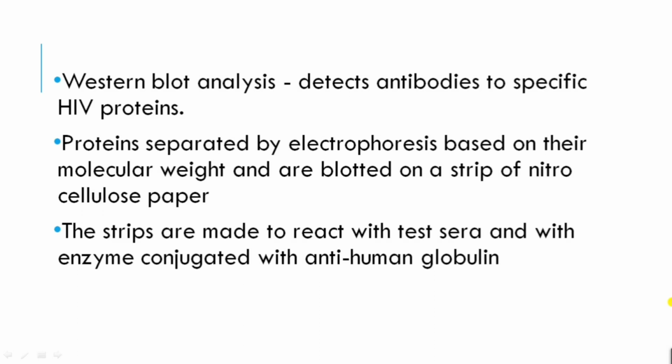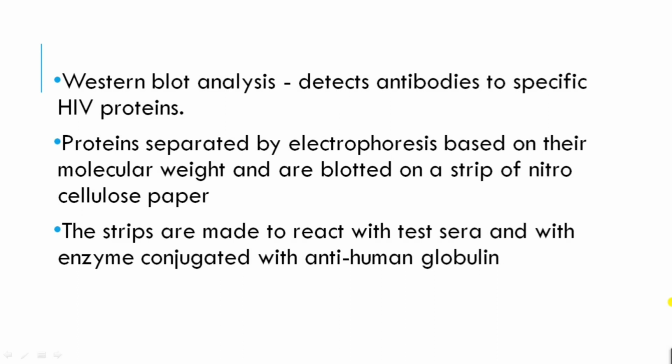Here, HIV proteins are separated by using the electrophoresis technique based on the molecular weight of the protein. Once they are separated using electrophoresis, they will be blotted onto a strip of nitrocellulose paper.